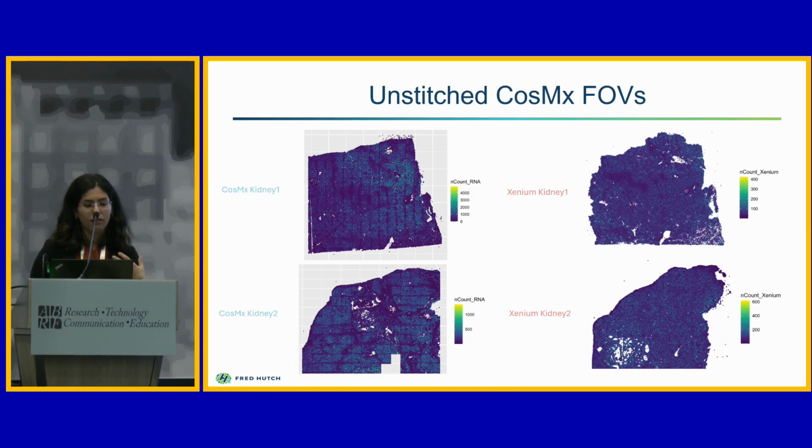So you have the imaging and the information coming from each FOV, and you are losing the information at the border of these FOVs, as you can see, based on the RNA counts. We saw this in both of our kidney samples. But for the Xenium, the imaging and the data acquisition is across everywhere, so you are not losing the information on the borders.